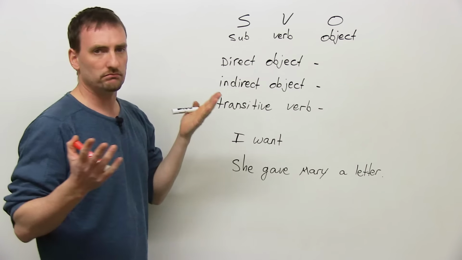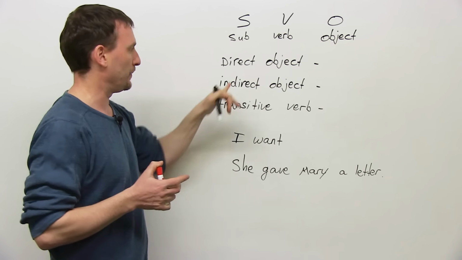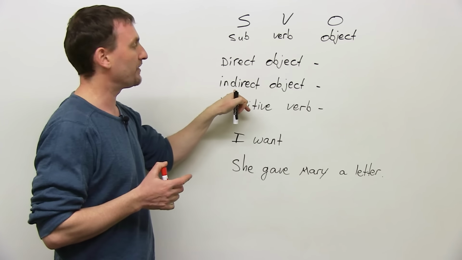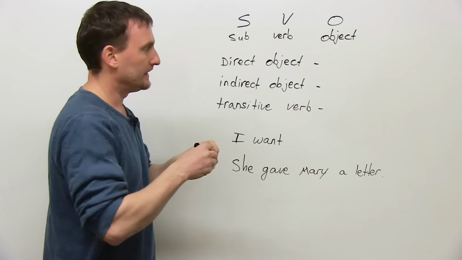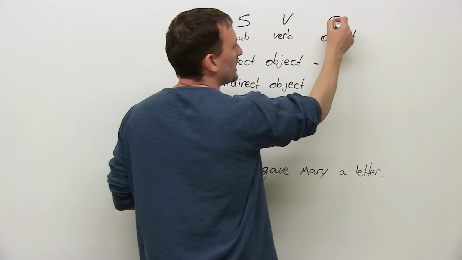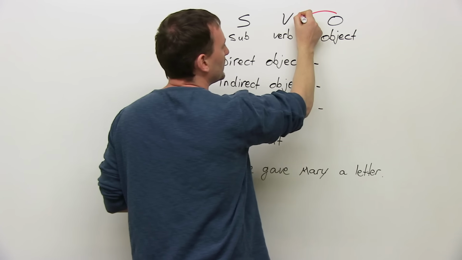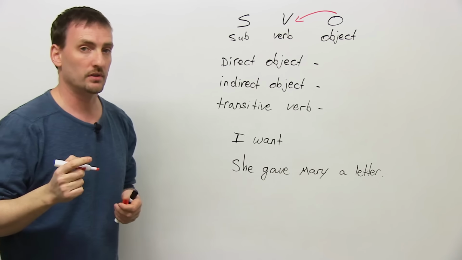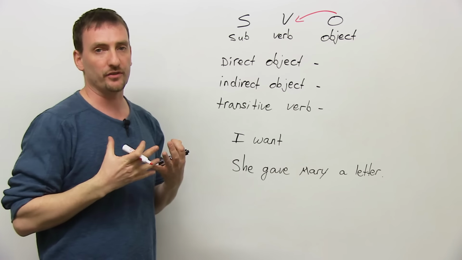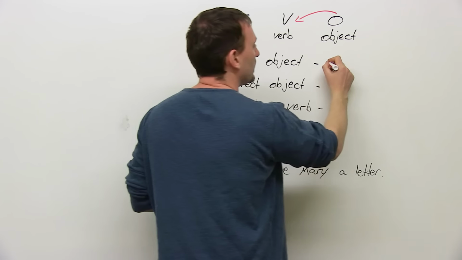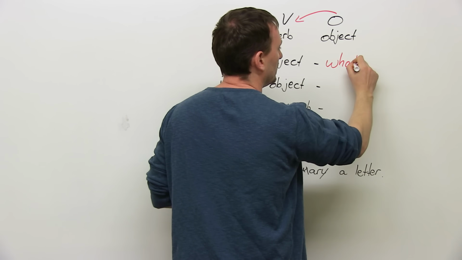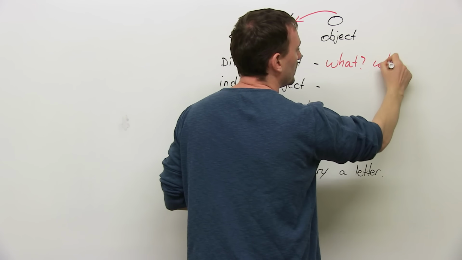Well, we have 2 types of objects to talk about. We have the direct object, we have the indirect object. Now, the thing to understand is that the object always answers a question about the verb. It completes the meaning of the verb by asking the questions, what? Or who?